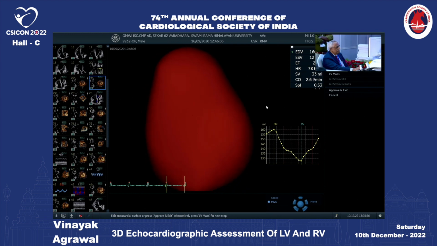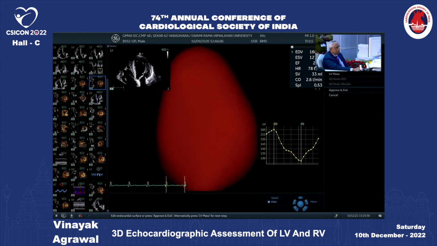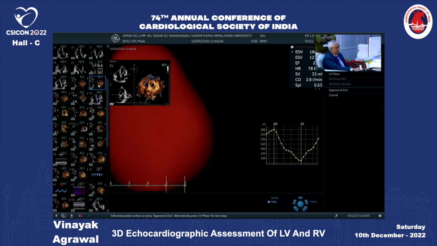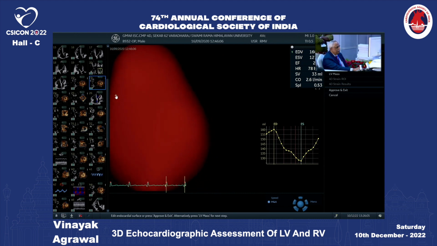So you saw that once you get a good 2-dimensional echocardiogram and a good 3-dimensional echocardiographic data set, the measurement of the volume is accurate. So the accuracy depends upon the clarity of the picture, the 2-dimensional picture and the 3-dimensional picture. The endocardium should be clearly visualized. Then only your data, the volumes and so on, will be good.